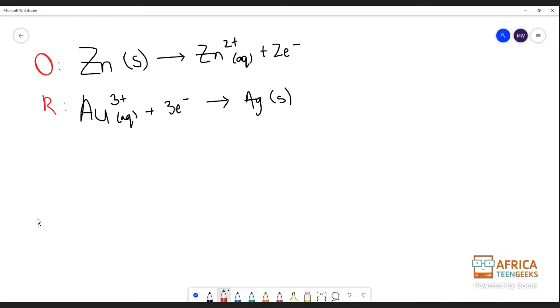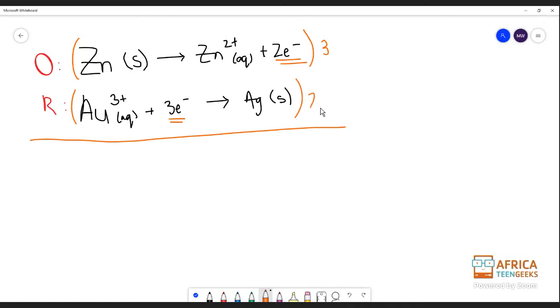Once you have identified them, we can write our overall reaction by multiplying with the same number of electrons for each side. So here I've got 3, and here I have 2. The only thing that you do is multiply the top reaction by 3 and the bottom by 2, because they don't have another factor that can go into both of them.